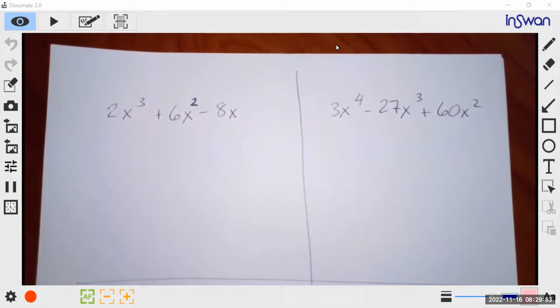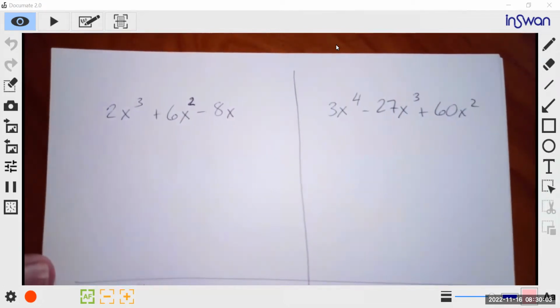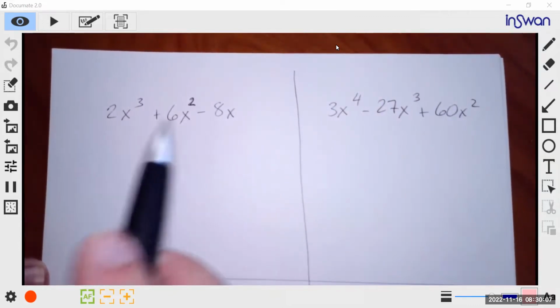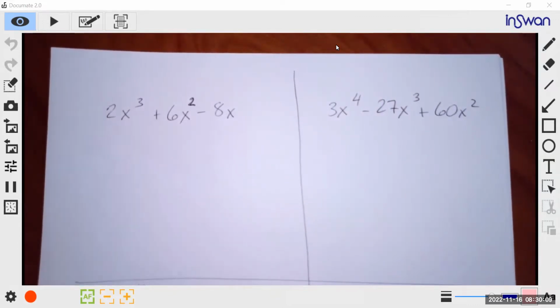So what is this? What's the first thing you're going to do here? First thing you always want to do: is there anything they all have in common? Factor out the greatest common factor first. Do they have anything in common?